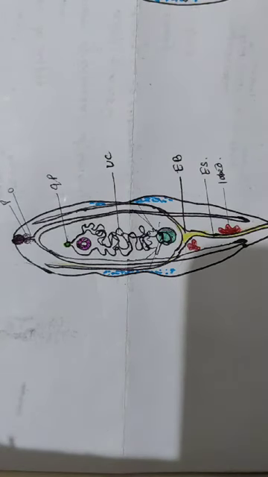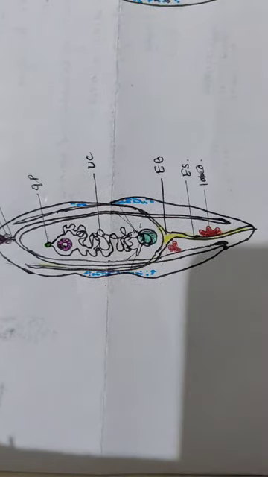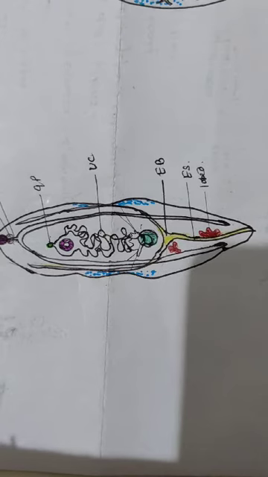Now what will it cause? The pathogenesis of this Opisthorchis tenuicollis is that as it is present in the gallbladder and the bile duct, you must have an idea about what it can cause. It will cause dilation of the bile duct and fibrosis of this bile duct.